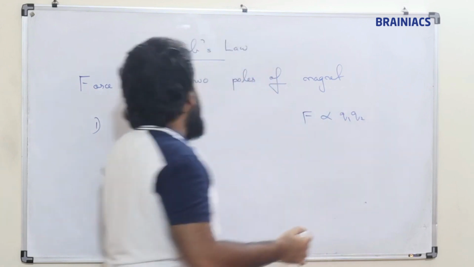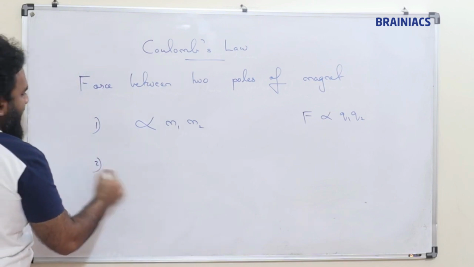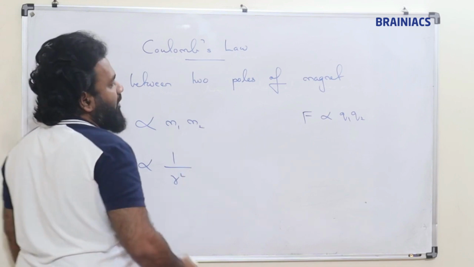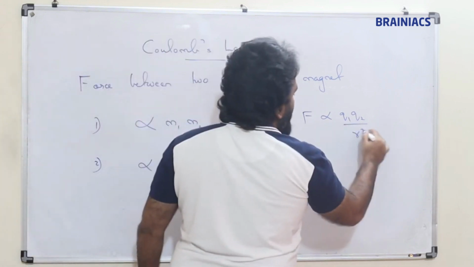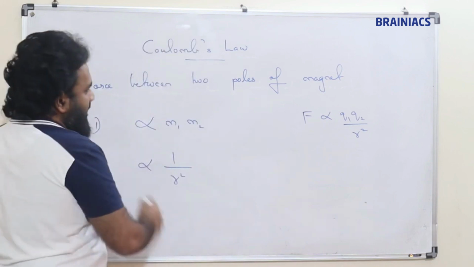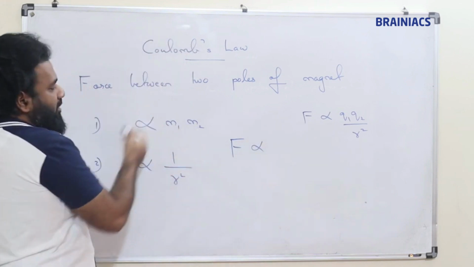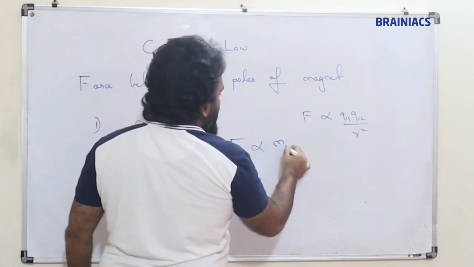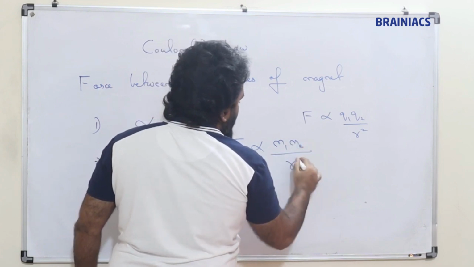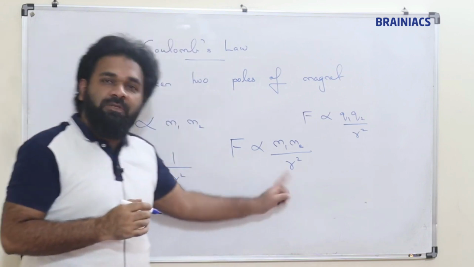Second point is inversely proportional to the square of the distance between them. So the force between two poles is directly proportional to the product of their pole strengths and inversely proportional to the square of the distance between them.